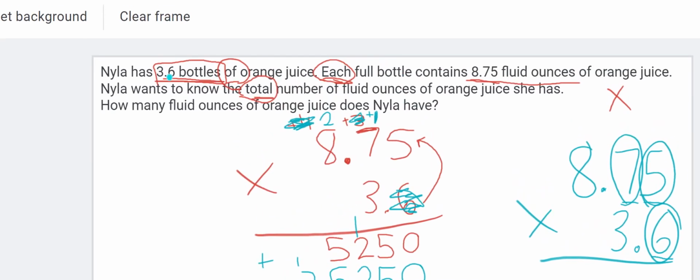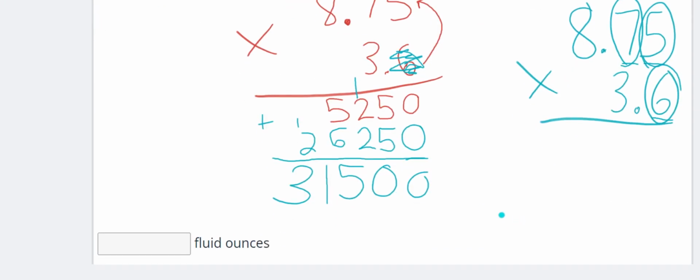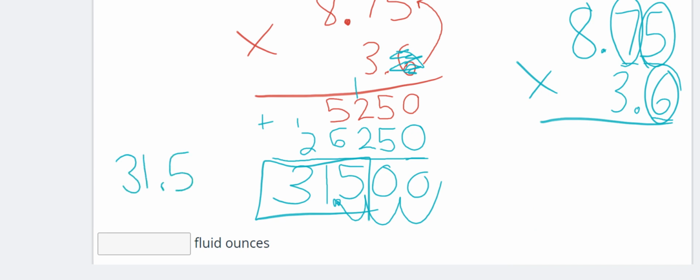You can even see here if you count them. 1 here, 2, and 3. So I need to move back 1, 2, 3 times. So my answer would be 31 and 5/10.